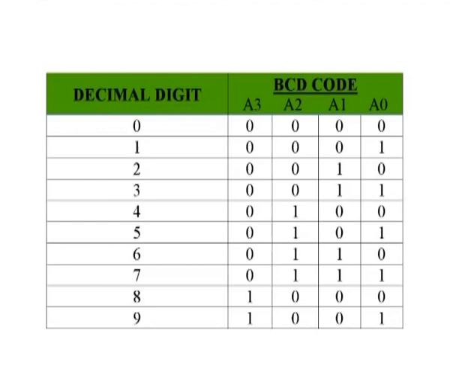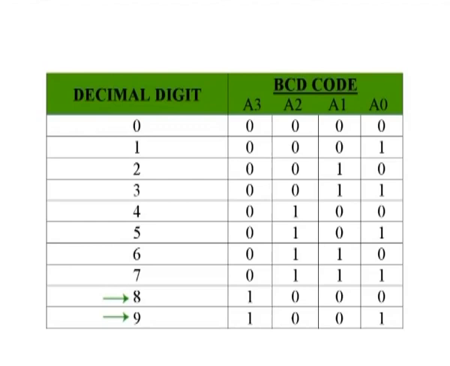From this table, you can determine the relationship between each BCD bit and the decimal digits in order to analyze the logic. For instance, the most significant bit of the BCD code, A3, is always a 1 for a decimal digit 8 or 9.